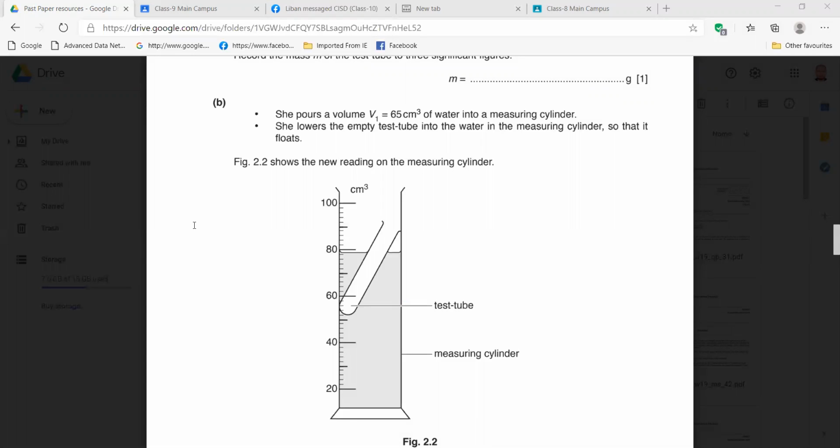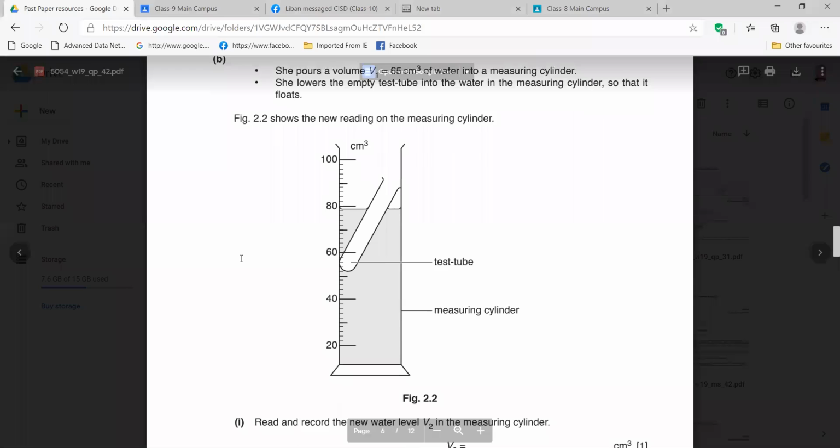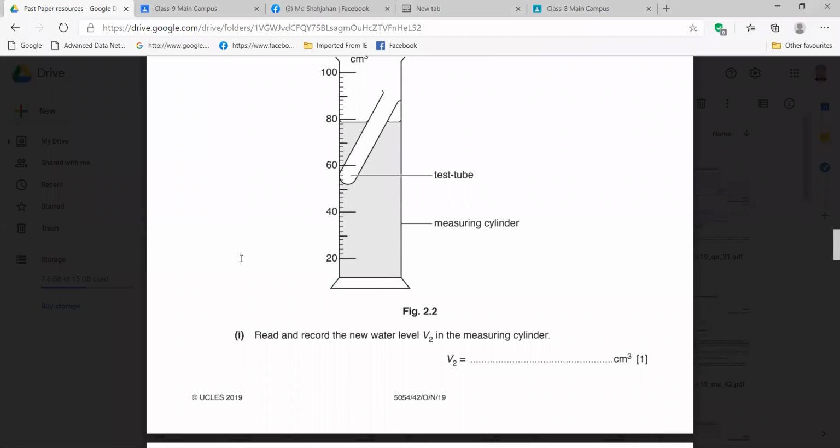So that's the beginning. You got one volume V1, right? So you should record V1 equals 65 centimeter cube in your copy. Then the next one.